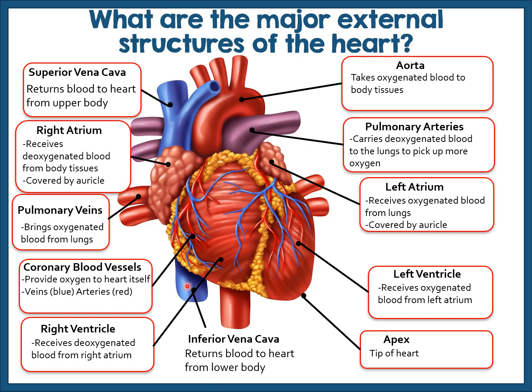And then we have the large blood vessel that's going to return deoxygenated blood to the atrium from the lower part of the body, called the inferior vena cava. And then we have the superior vena cava that will return deoxygenated blood to that atrium from the upper portion of the body.